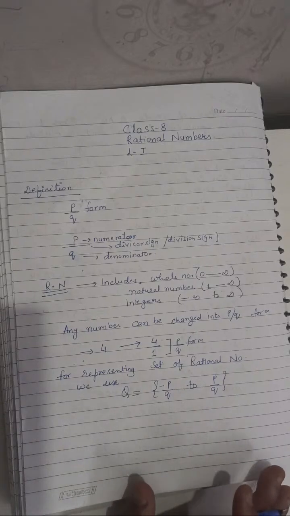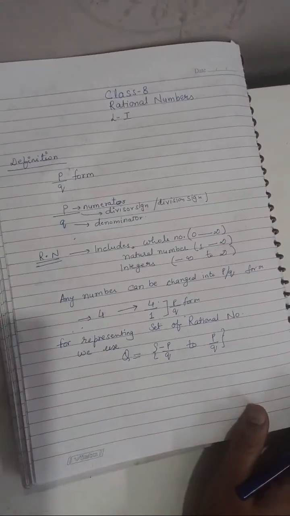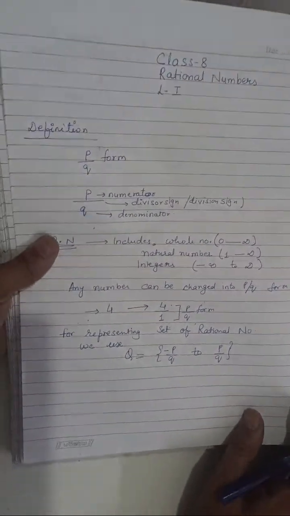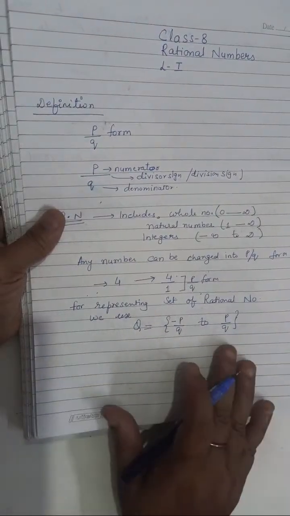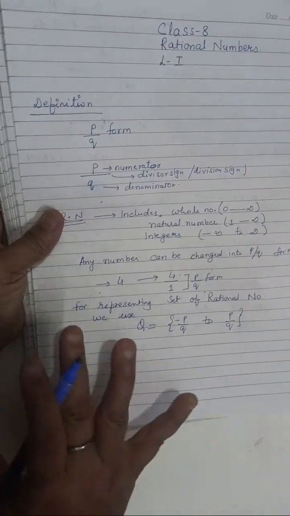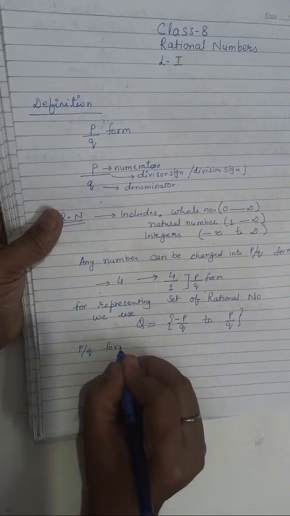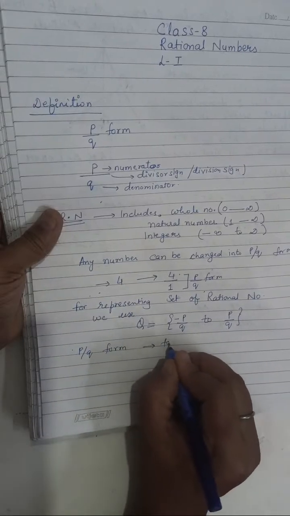Okay. So now I am proceeding with the further part of it. Whenever you are talking about the rational number, it must be in the P upon Q form. Now what is the special thing about it? P upon Q form ek aur type ke numbers mein bhi hota hai. That is in the fractions.